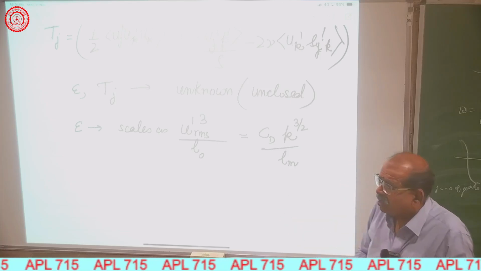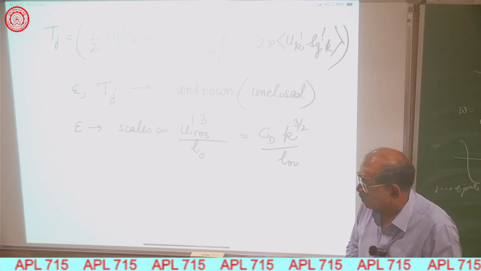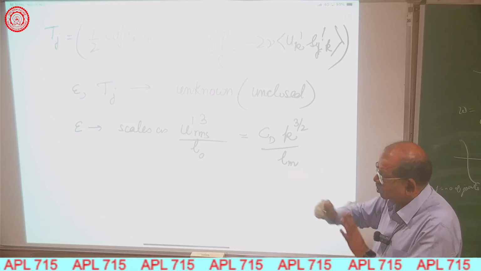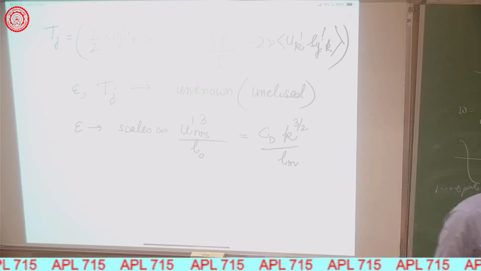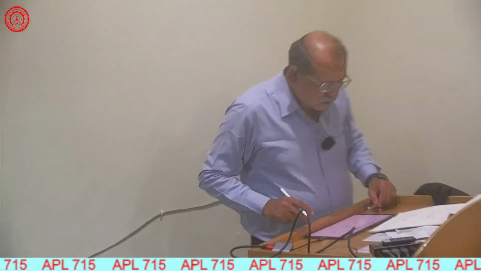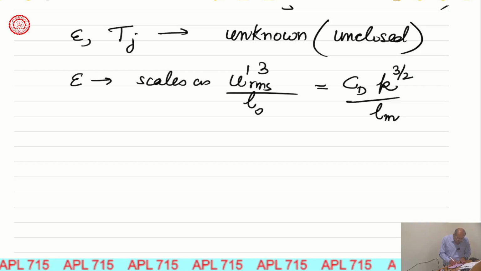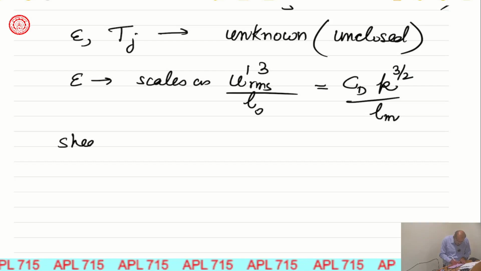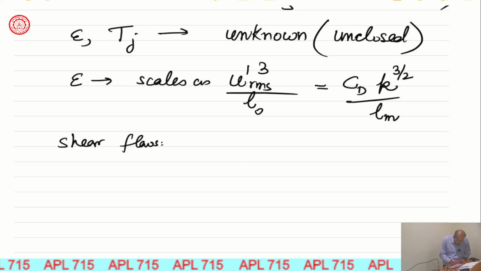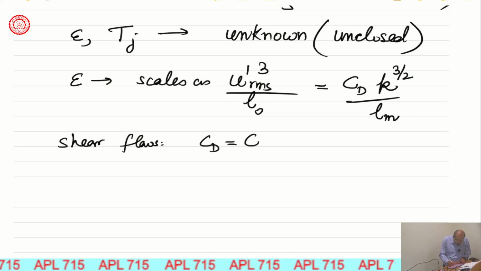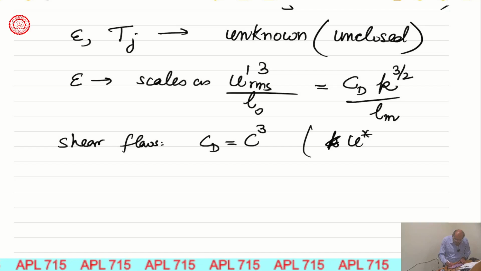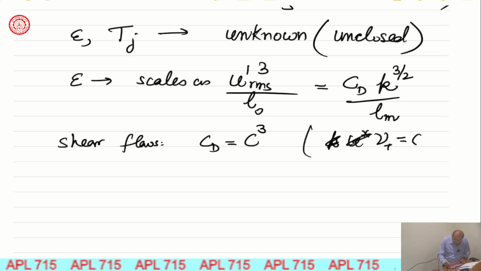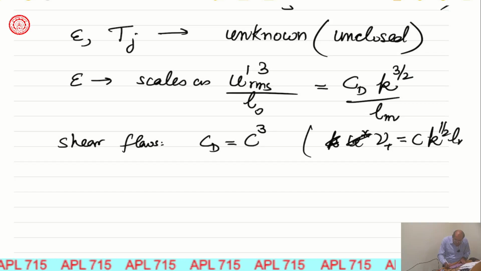So this closes the epsilon term. This is totally, I should have called it C mu or something. I think Pope's book uses it as CD. In fact, what you can verify for shear flows, CD will go like C cubed, where nu T was equal to C K to the power of half times Lm.